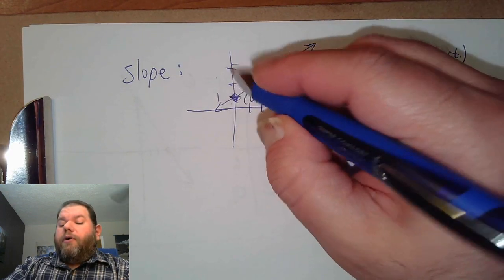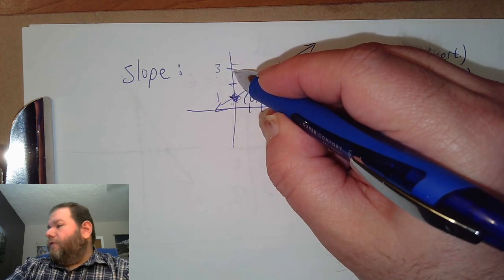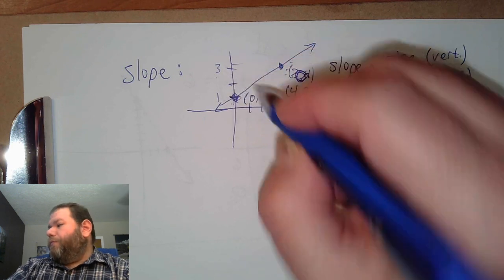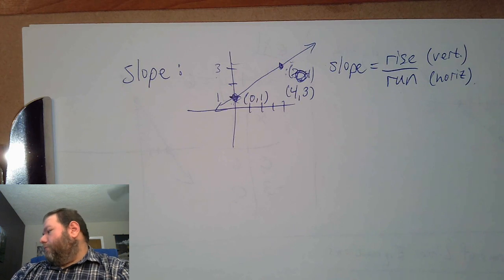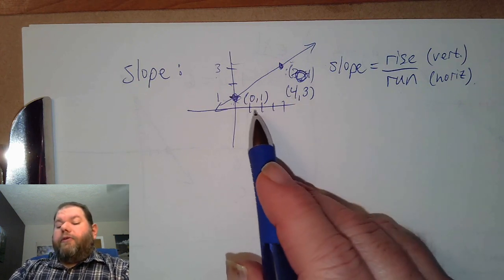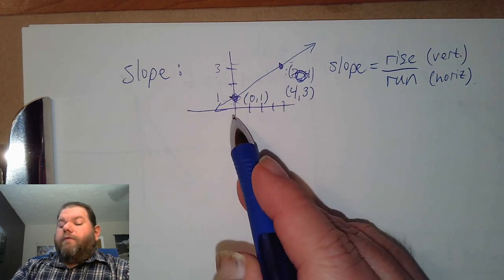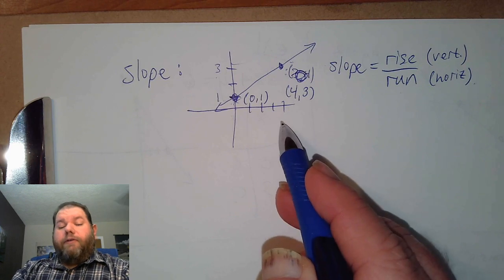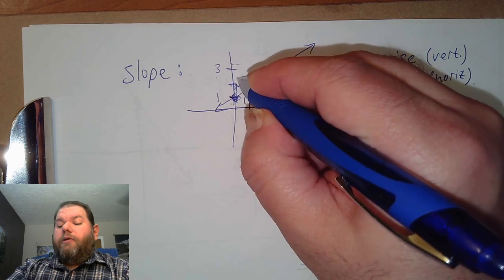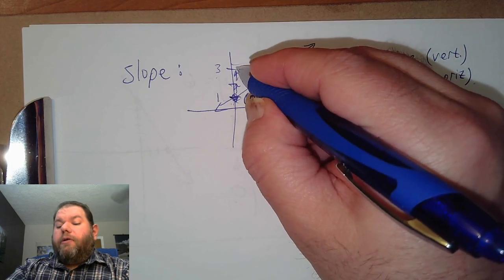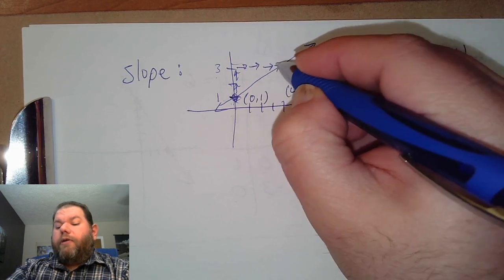So if this one's at 1 and this one's at 3, then vertically we have an increase of 2. And horizontally, if this is at 0 and this is at 4, then we go from 0 to 4. That means we've run 4 units to the right. So 1, 2 up, and then 1, 2, 3, 4 right.